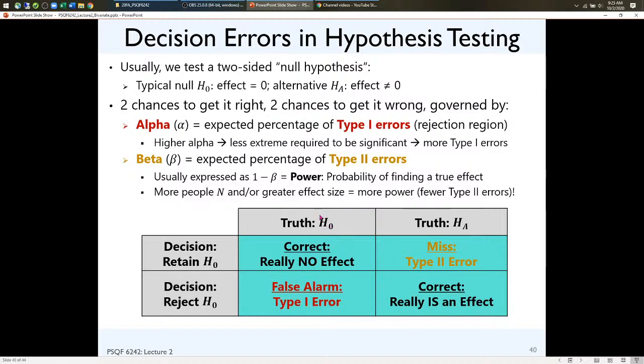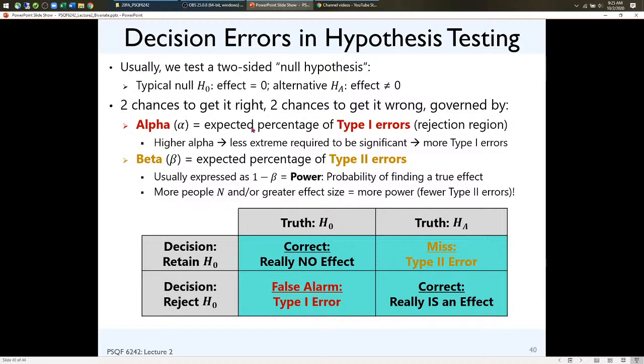If the null is actually true and we reject it, that could be a wrong decision, and that's what's known as a type 1 error. So when in reality there is no association, but we say there is one, we say that the association is significantly different than 0, that could be a false alarm. And the proportion of times that that may happen is set as our alpha level.